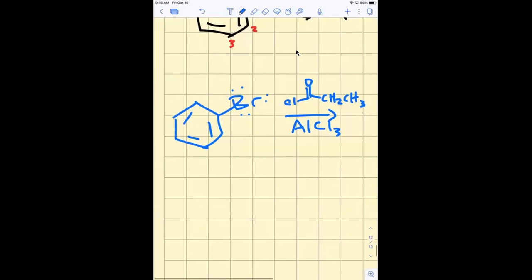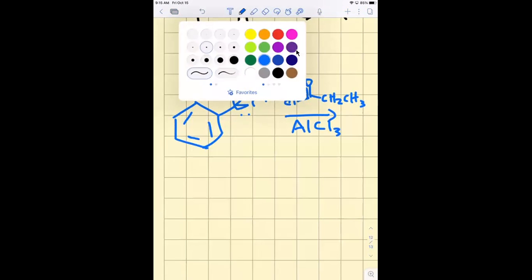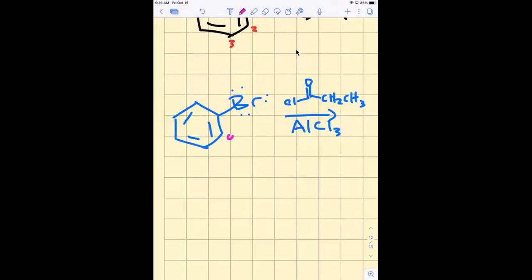It would be ortho or para. Okay, so the ortho position and the para position, right? If we were numbering, which we don't for disubstituted rings, but if we were, this would be 1, 2, and 1, 4.